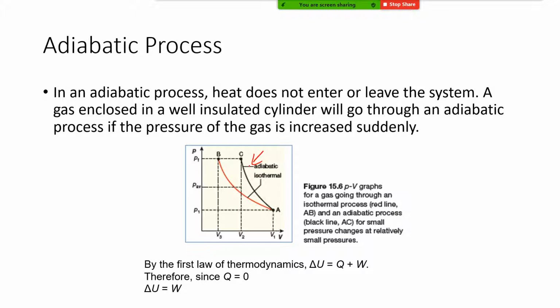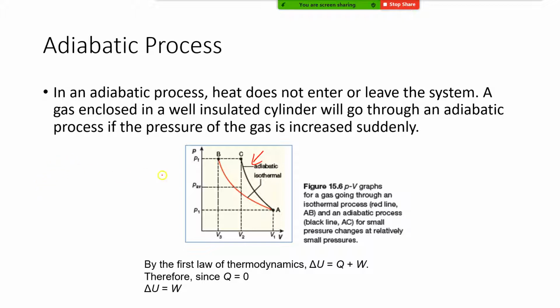Now, if no heat is added to the system, what it tells us is that the work that is done is going to be equal to the internal energy of the system. And that is when we're dealing with an adiabatic process. Since no heat is added, the work that is done here is going to be equal to my internal energy, or my internal energy is equal to the work that is done.